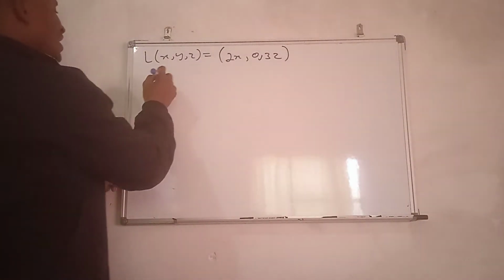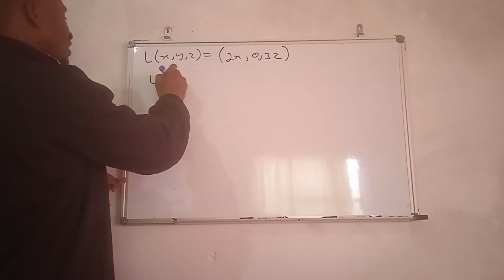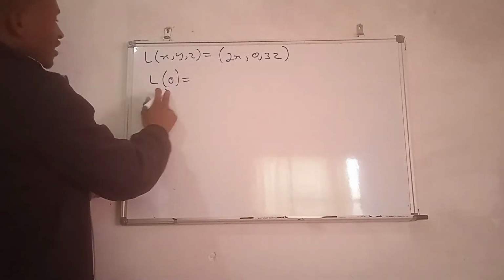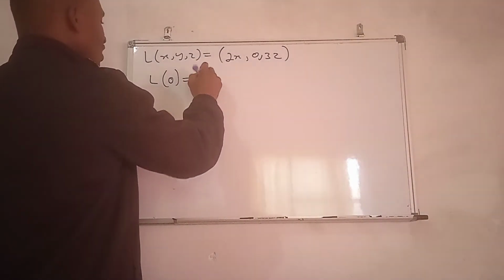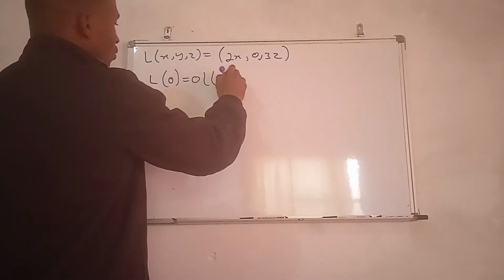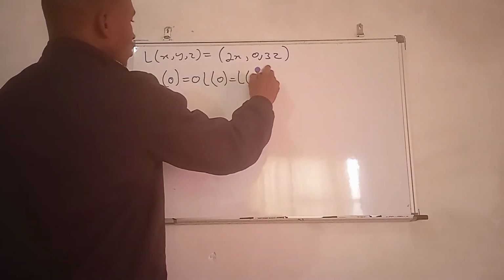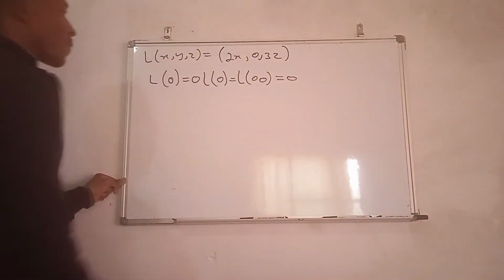According to that condition, L of (0, 0, 0) should give us 0.